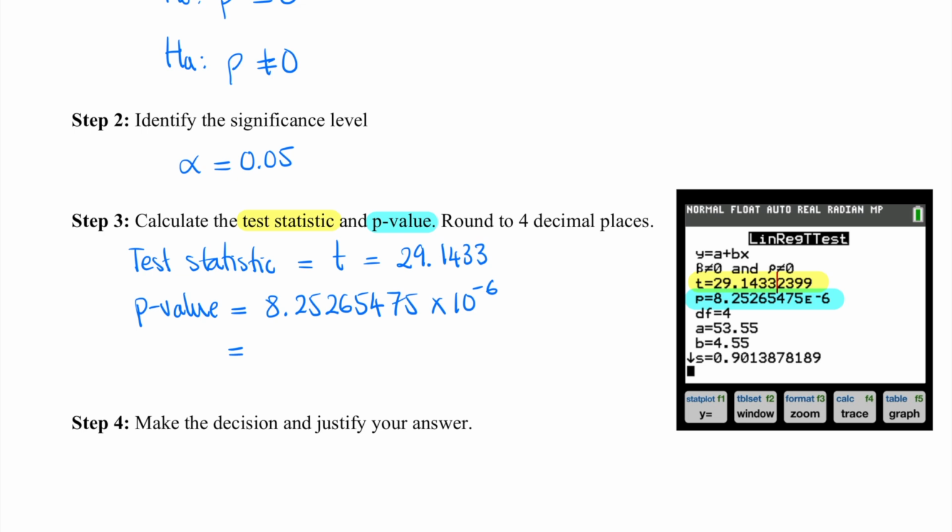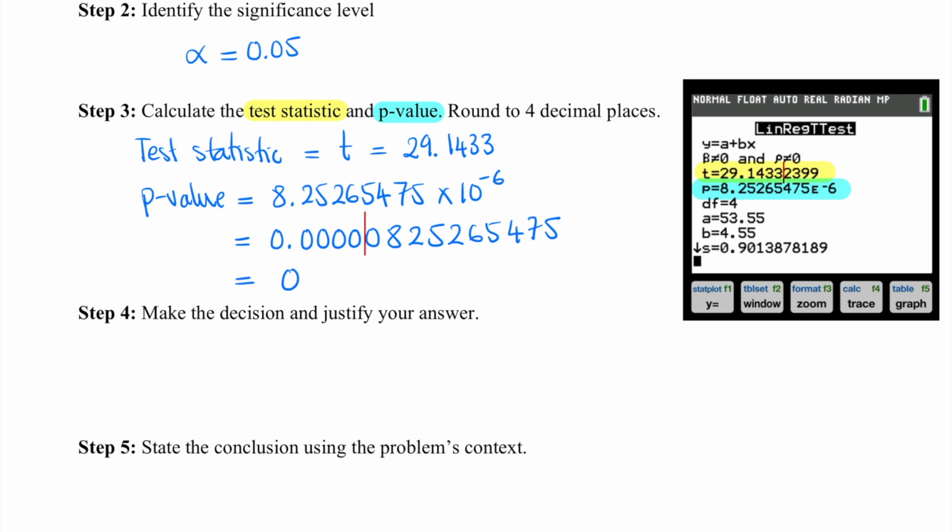So I have 0.0000825265475. And I want to round this number to 4 decimal places. So the p-value is approximately 0.